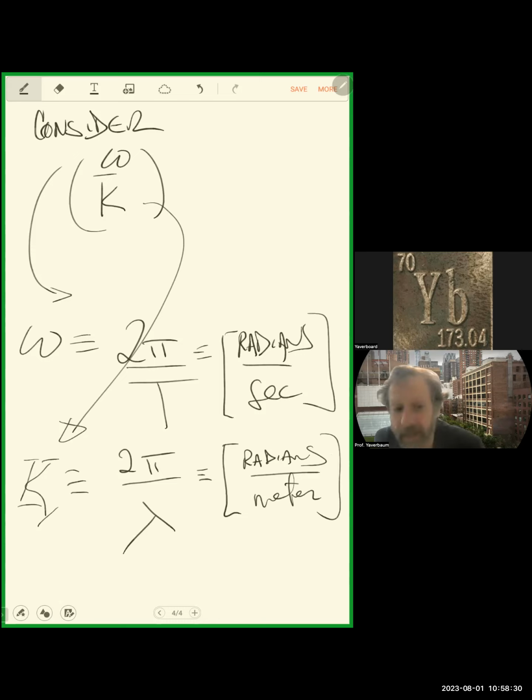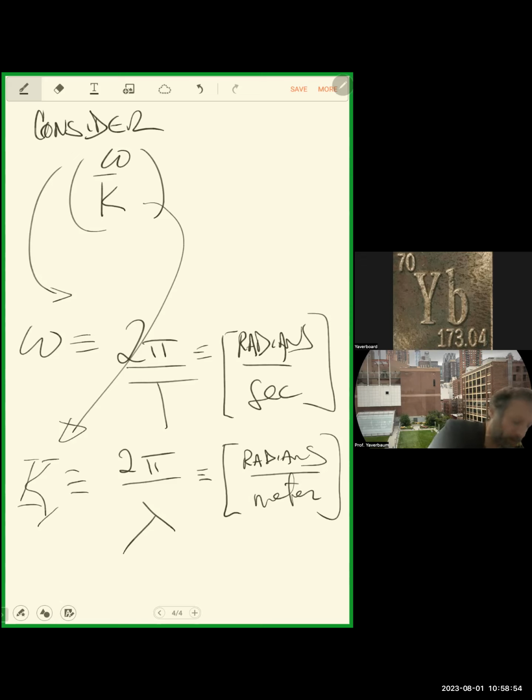If angular frequency is the number of radians, the number of cycle portions that we do per each unit of time, and the inverse of it is how much time it takes us to do a cycle, well, K, angular wave number, is the same idea, but applied to space. So it's 2 pi per lambda.